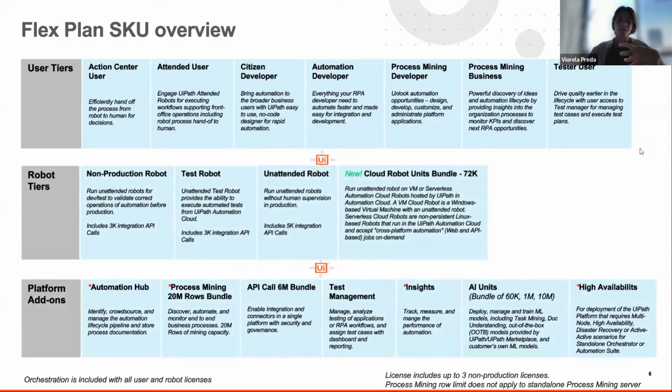Let's take the example of Automation Cloud. You purchased one automation developer or one attended user license for one person, and you assign it to one person. But in the old paradigm, you would need one license for each orchestrator tenant.